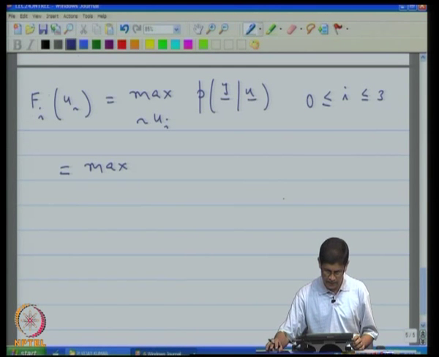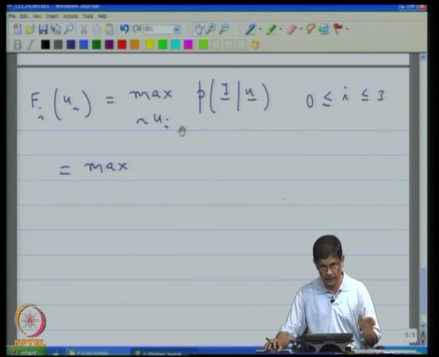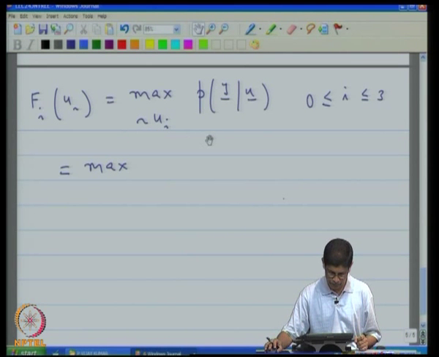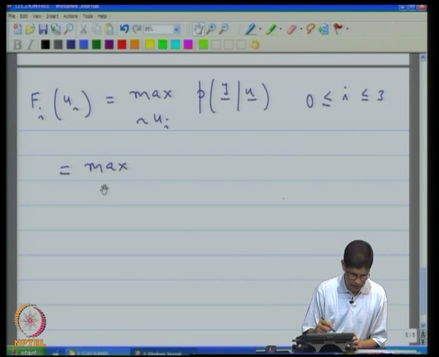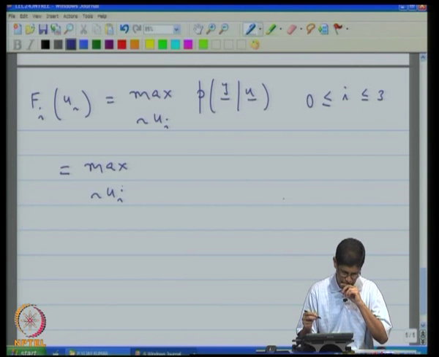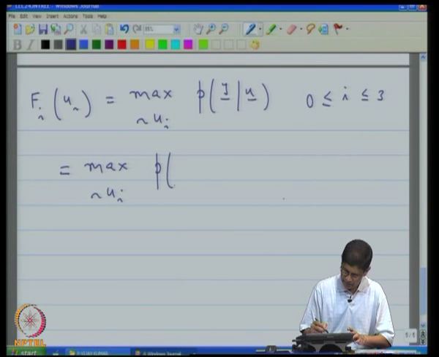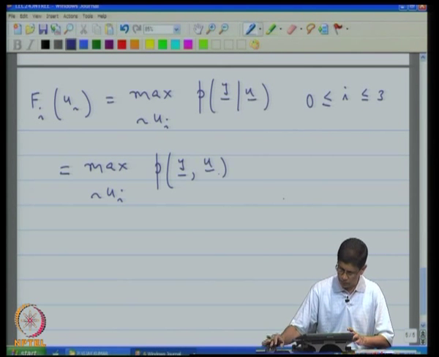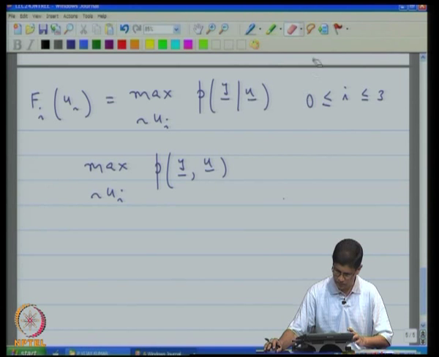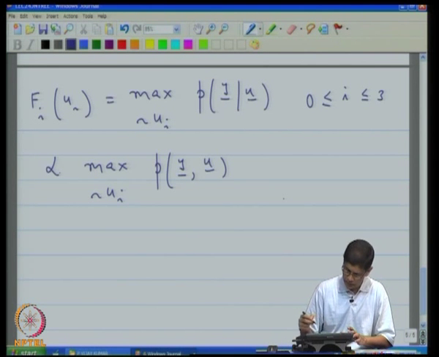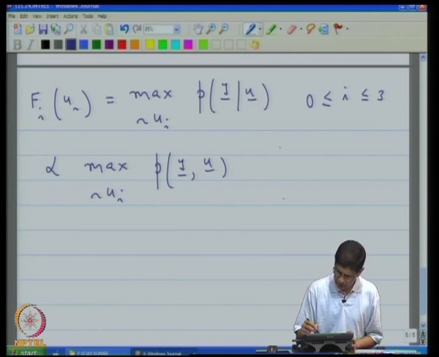By the way, I think I explained last time that this tilde u_i means you are taking the max over all symbols u0 to u3 other than u_i. So, I can write P of y comma u, and actually it is proportional to this, the reasoning being that all message vectors are equally likely.